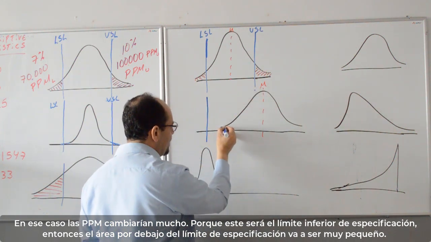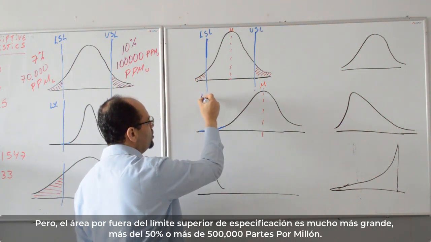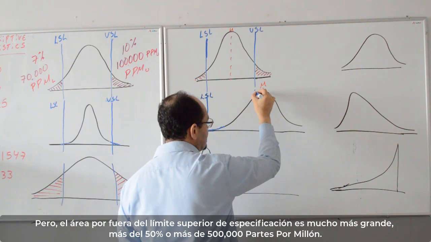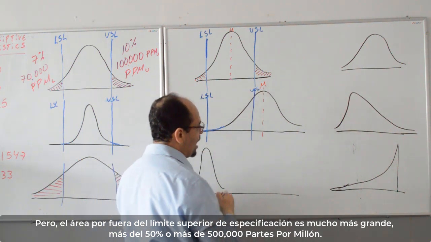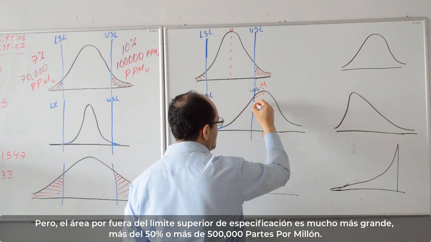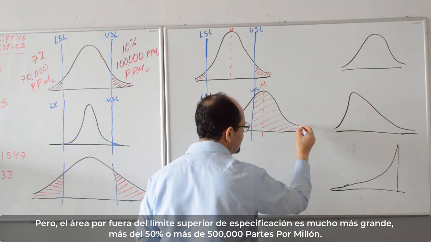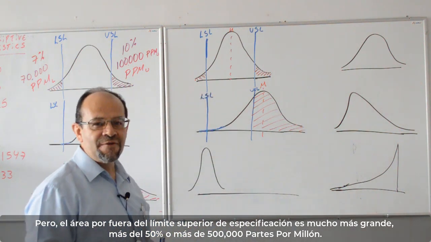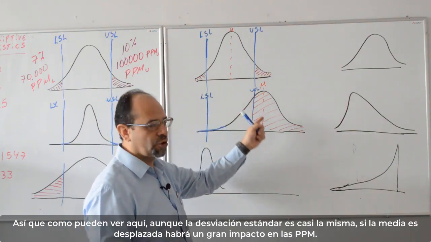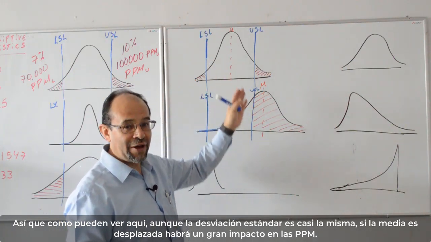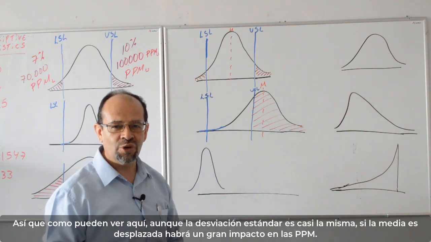The area below the lower specification limit is going to be very small, but this is the upper specification limit, and of course the area outside the upper specification limit is much bigger, more than 50%, or more than 500,000 parts per million. So as you can see, although the standard deviation is about the same, if the mean is shifted, there will be a big impact on the PPMs.